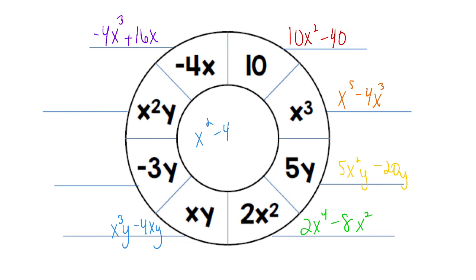Negative 3y times x squared minus 4 is negative 3x squared y plus 12y. Last but not least, x squared y times x squared minus 4 is x to the 4th y minus 4x squared y.